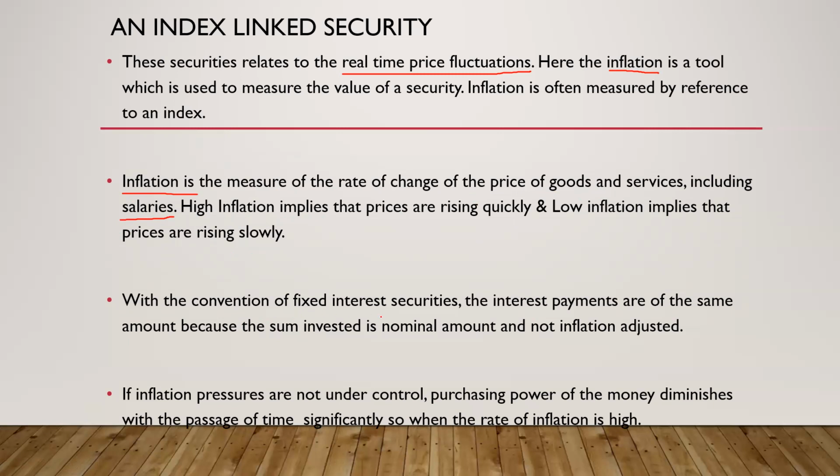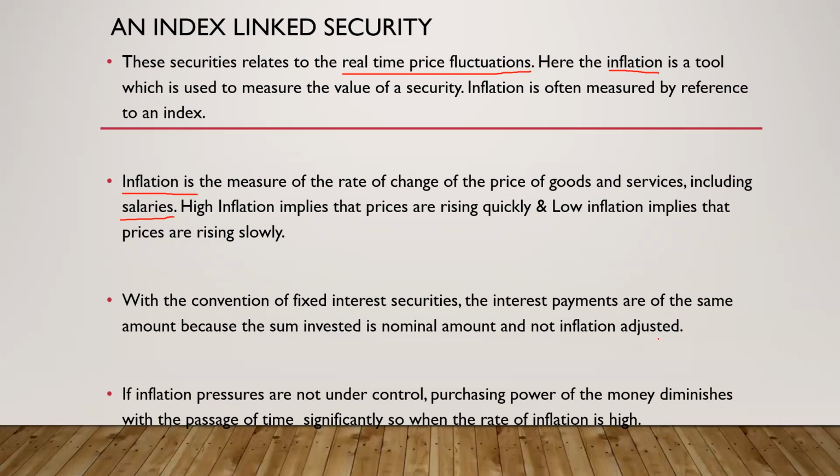Now, with the convention of fixed interest securities, the interest payments are of the same amount because the sum invested is nominal amount and not inflation adjusted. Which means, in the case of fixed interest security and zero coupon bonds both, we didn't consider the real-time price fluctuation which is happening in the environment, in the nation or in an economy.